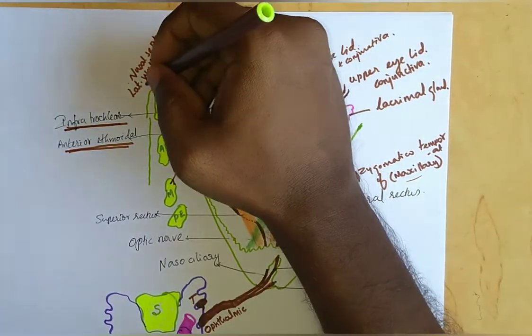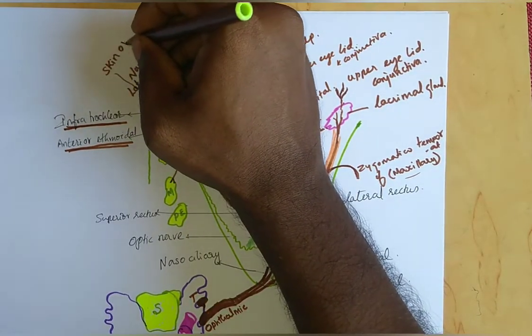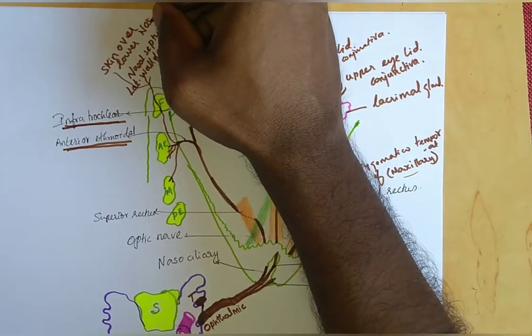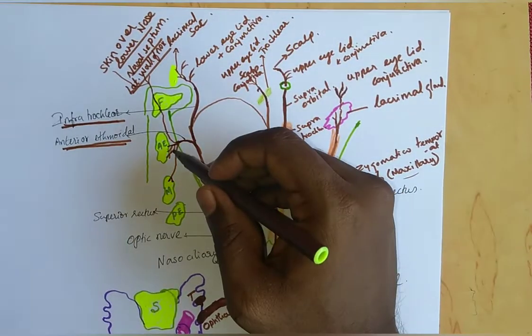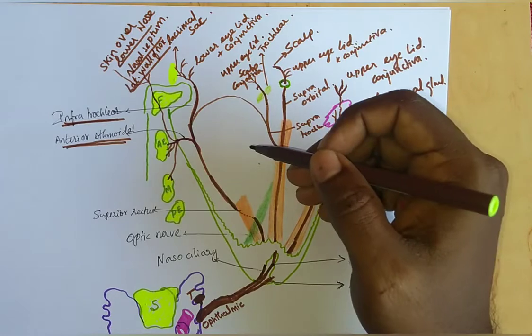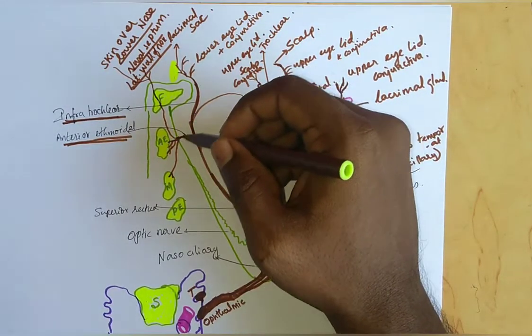These are the areas supplied by the anterior ethmoidal branch. Okay, that is about the anterior ethmoidal nerve. So two terminal branches are over.